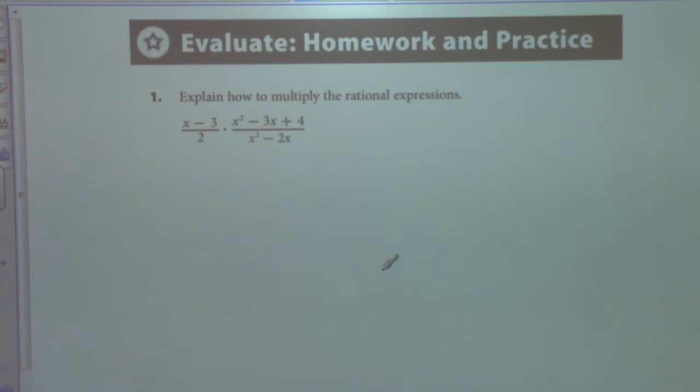Whatever we did yesterday, when we had to break it apart and we're factoring. So you say factor each numerator and denominator. Whenever I'm factoring, I see if there's a greatest common factor, just in case.